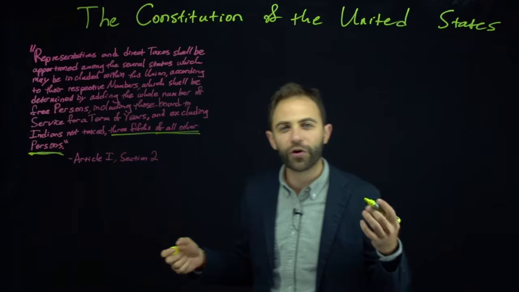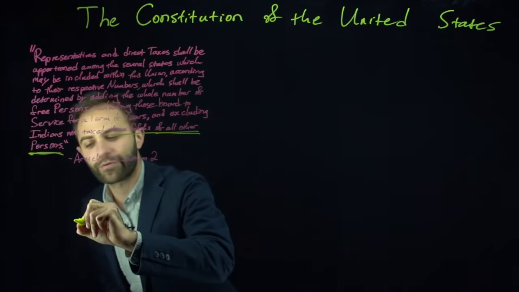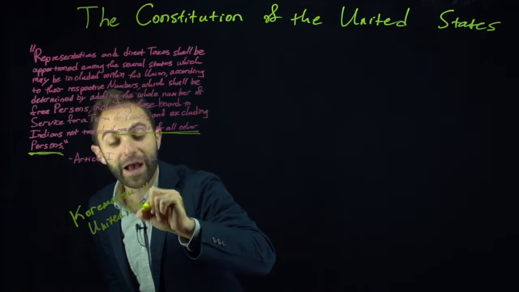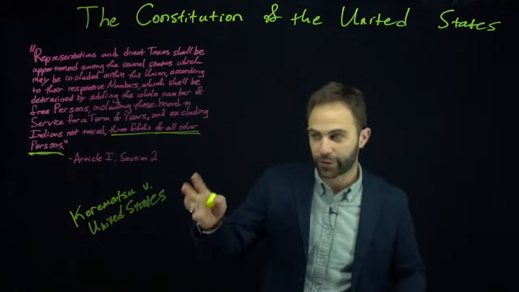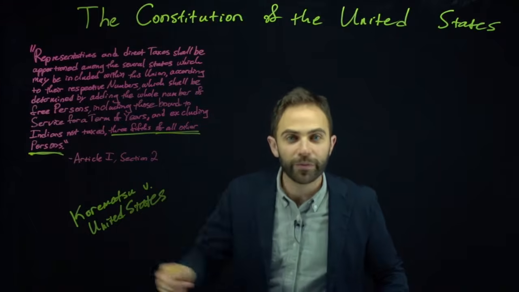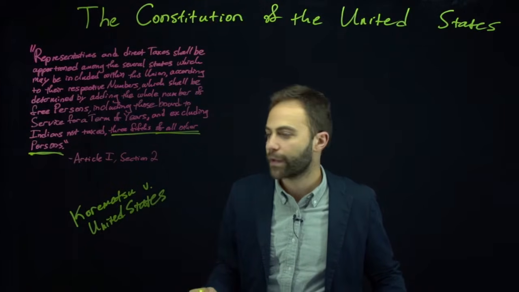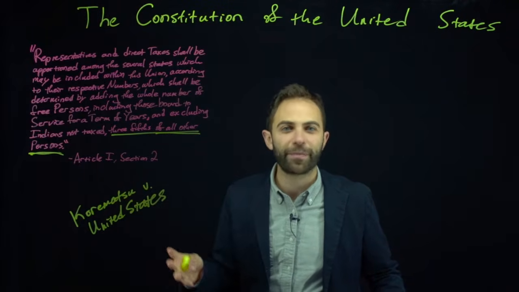We saw this also earlier in this course when we read the case Korematsu. You may remember, and if you don't, I'll remind you, that was a Supreme Court case just after World War II that was concerned with Japanese internment.